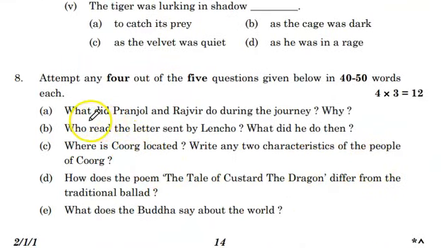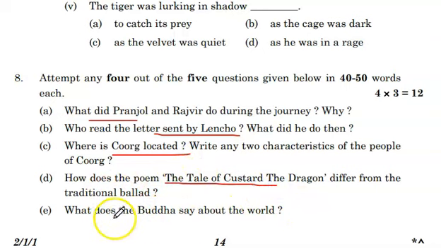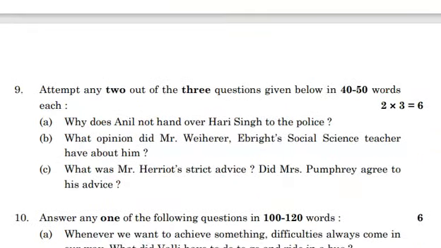Then this is taken from Glimpses of India, A Letter to God, then again Glimpses of India, then The Tale of Custard the Dragon, and Sermon at Benares. So these are the 5 chapters that are covered in short answer type questions.